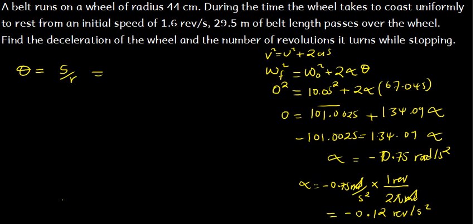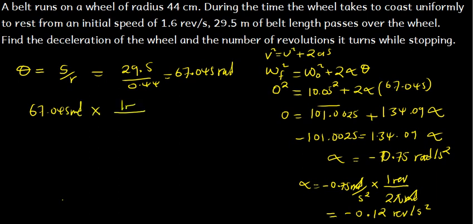We said that is 29.5, the radius was 0.44, and this will be 29.5 divided by 0.44, which gave us 67.045 radians. But we want the number of revolutions, so we're going to multiply by, in one revolution we have got 2 pi radians, so that these cancel. So just divide this 67 by 2 pi, and that is going to give us 10.67 revolutions.